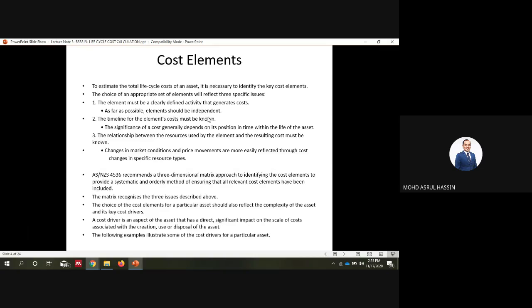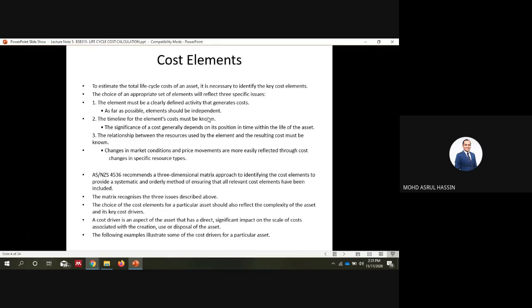And the third one, the relation between the resources used by an element and the resulting cost must be known. Changes in market condition and price movement are more easily reflected through cost change in specific resource types. Means that we need to identify the LCC for individual items.